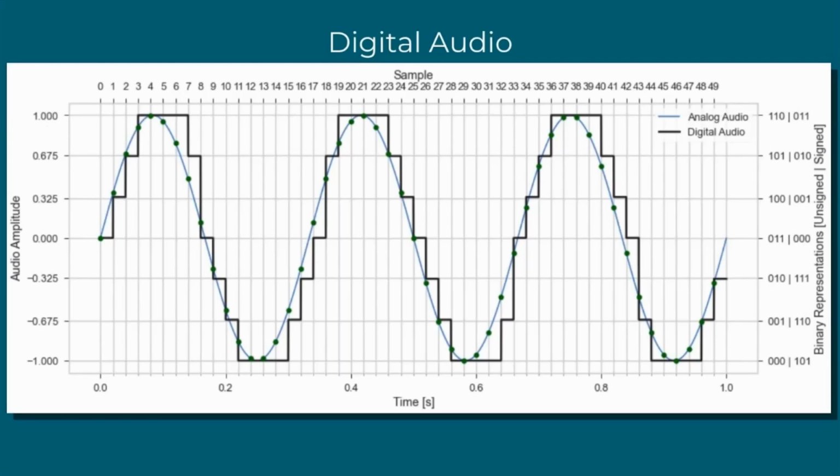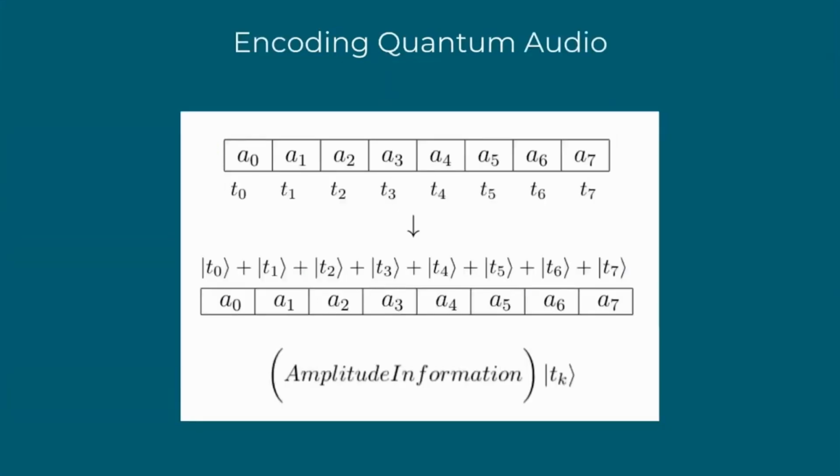And of course, the dimension. Images have two dimensions. All of these quantum audio representations encode time information in the same way. For example, if you have your audio signal indexed by timestamps, the idea is that you put all of the amplitude information in parallel, in an equal superposition in the time register.